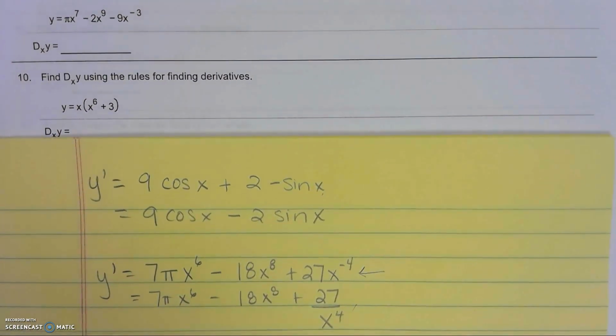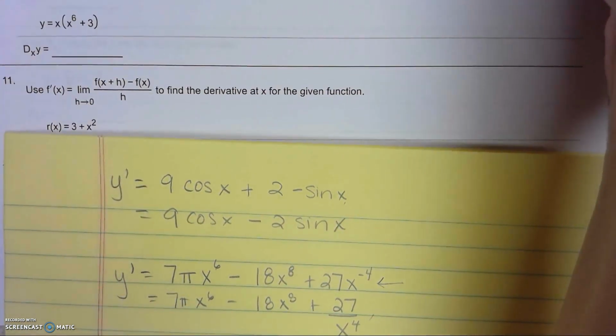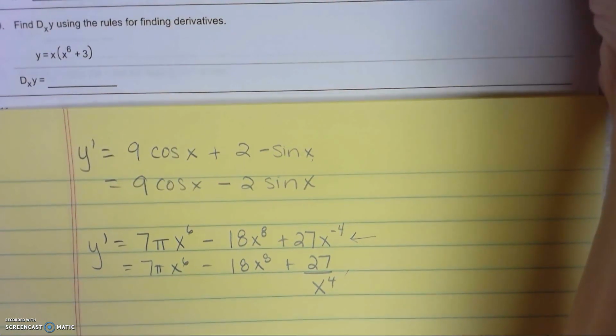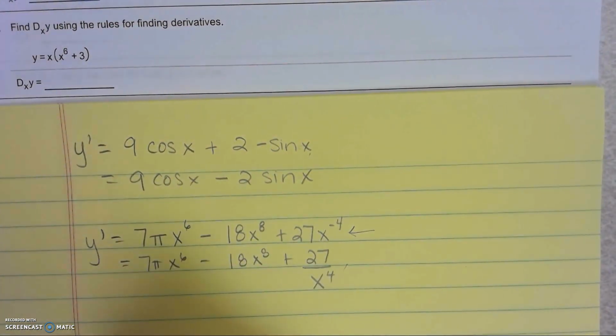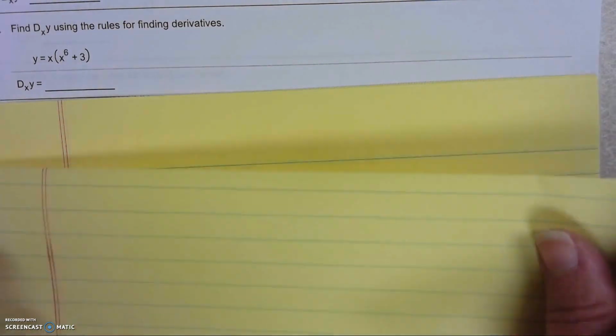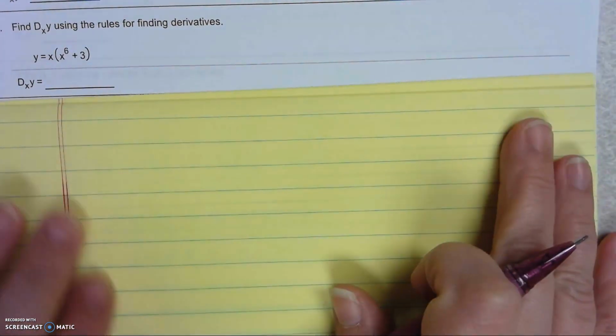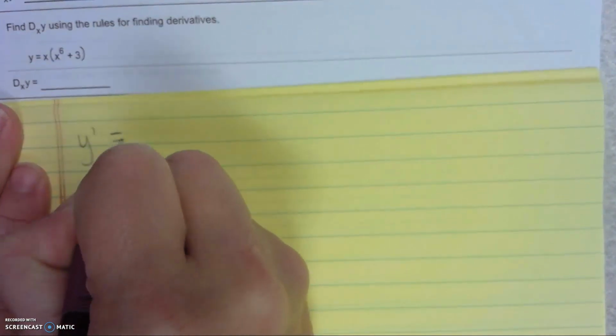All right, the next problem says find the derivative using the derivative rules. So when I look at this problem, it says y equals x times x to the 6th plus 3. Let me get some paper here where you can see what I'm writing. So we'll have y prime equals, and then this is a product.